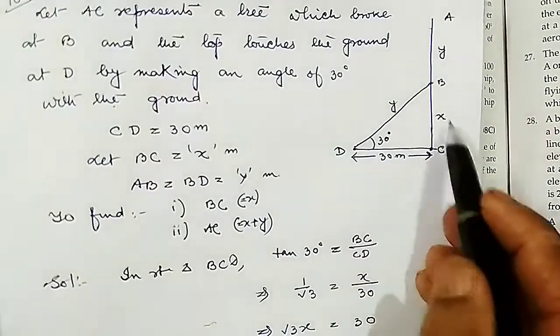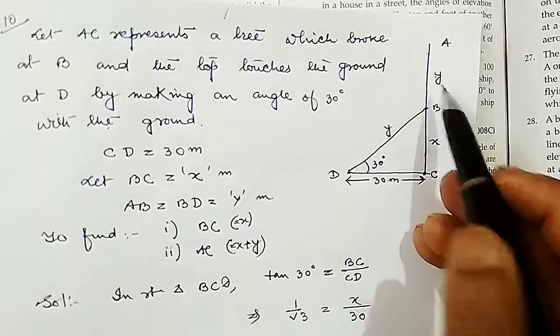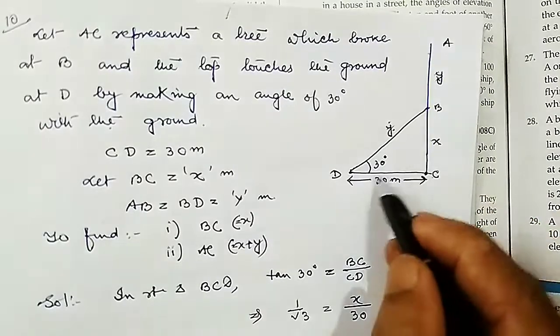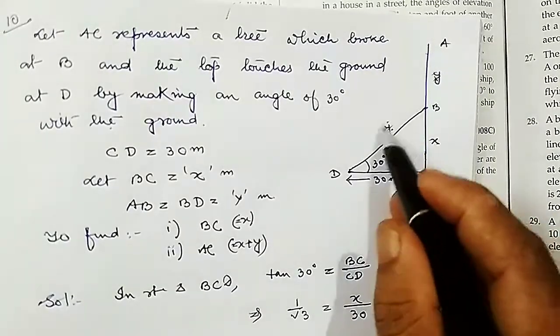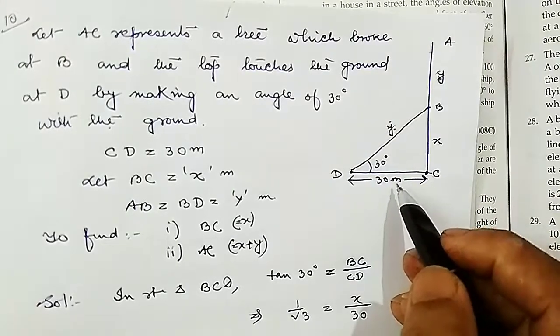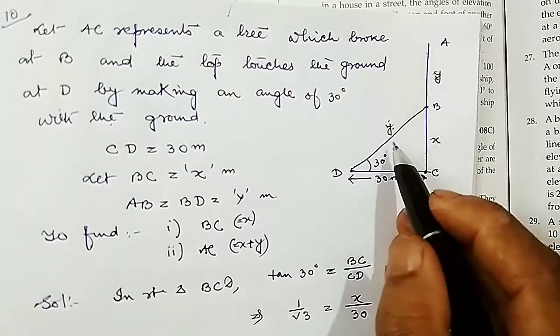So already we got x. Now we want y. Now we know this one and this one are the same. So in this triangle, base is known, hypotenuse is not known, and we can relate these two by cos theta. So by using cos theta, I am going to calculate y now.